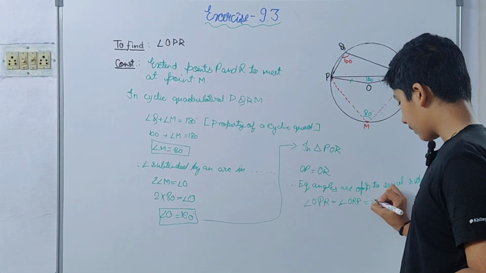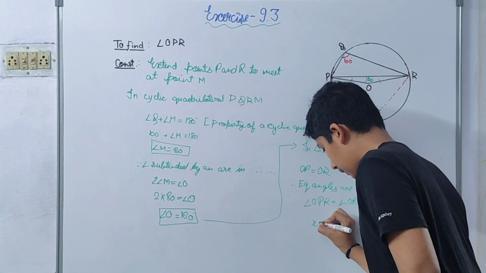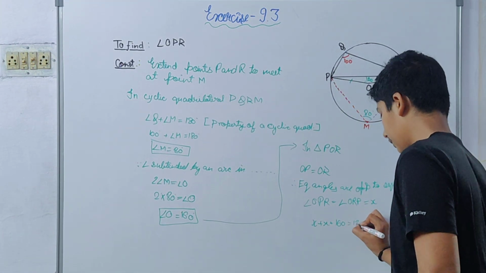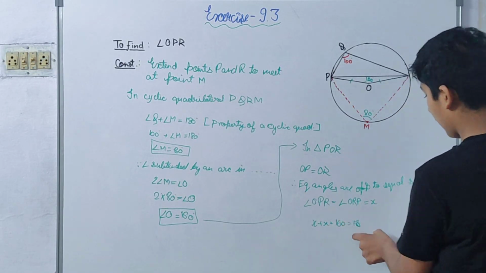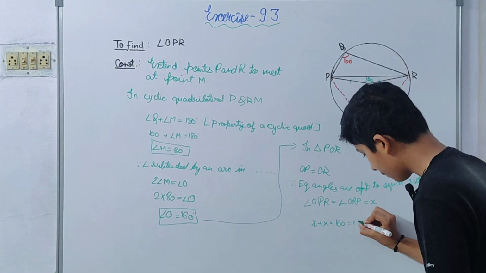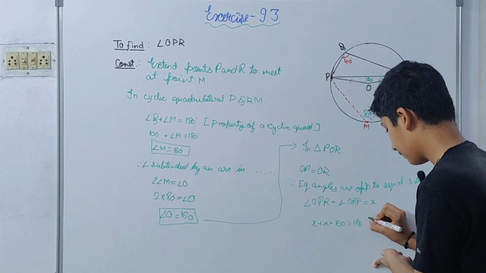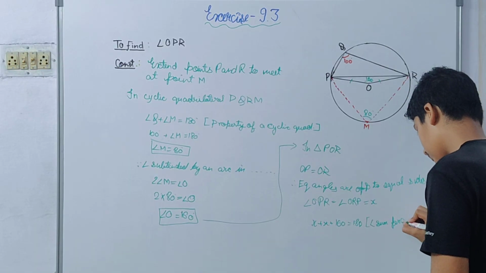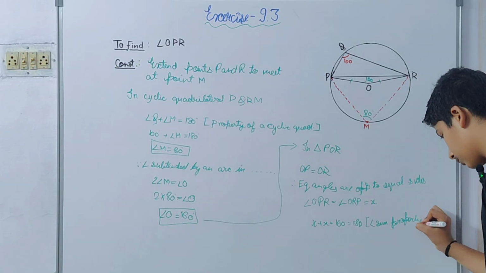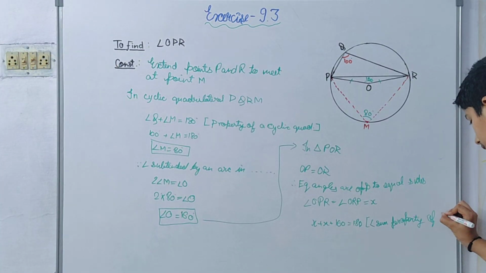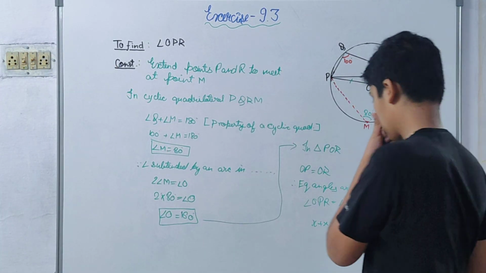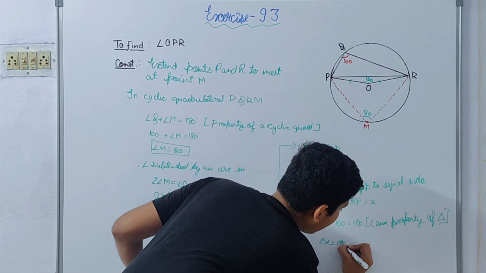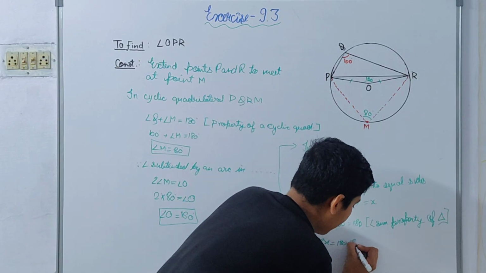Let them be equal to x. So x plus x plus 160 equal to 180. Yes or no? Yes. Why? Because of the angle sum property of triangle, 180. We can say 2x equal to 180 minus 160, which is 20.